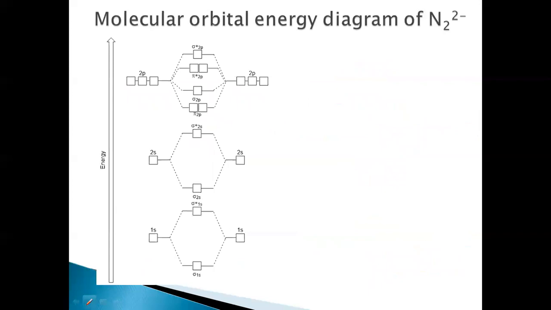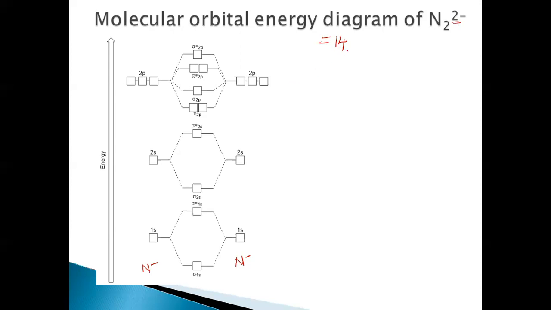Now when you come to N2 minus, that means it is formed by two N minus ions. And the atomic number is still 14, since the number of electrons changes with the charge, and not the atomic number or the protons.